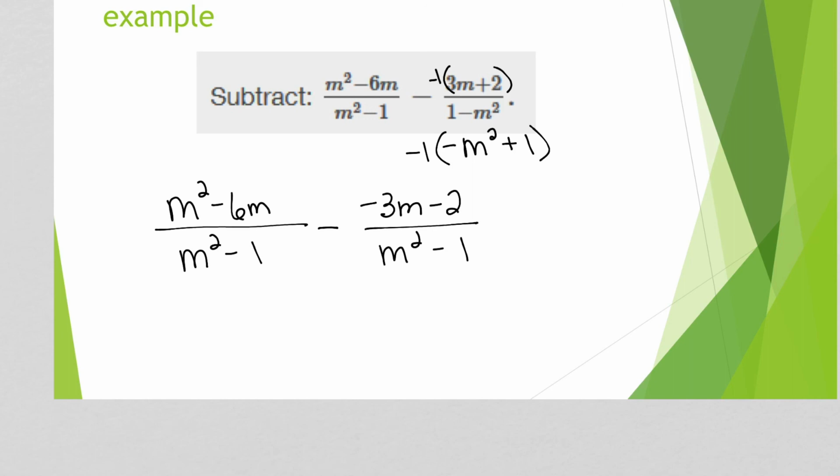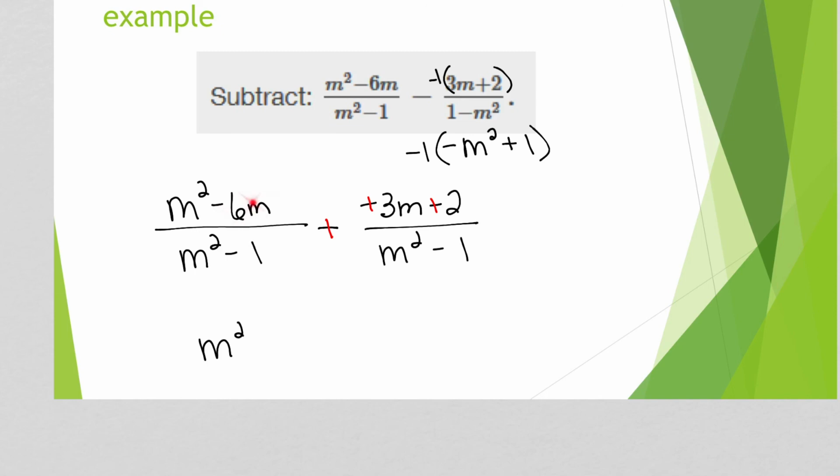Okay, now I'm going to get rid of this minus sign in the middle. So negative, and then change the sign of every term after that. Okay? Now I can combine my like terms, and I end up with m squared.